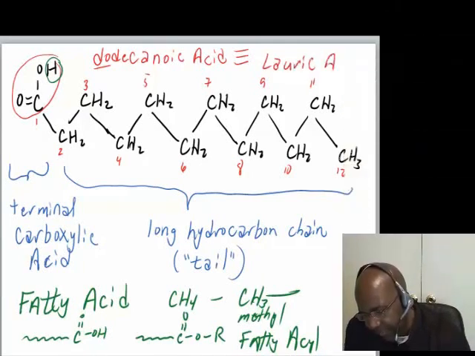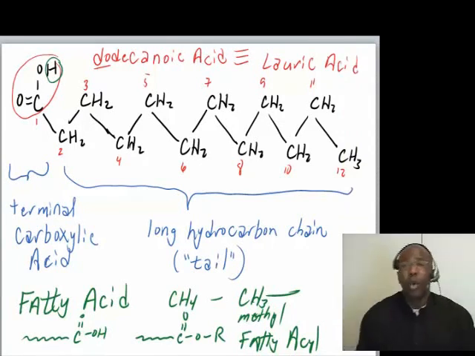And we're going to go through all of the names of the common fatty acids systematically at some point. But first I want to go over some of the anatomy, some of the terminology of fatty acids with you. And so here we have our first fatty acid, dodecanoic acid, also known as lauric acid.